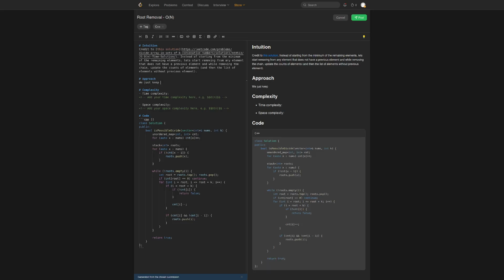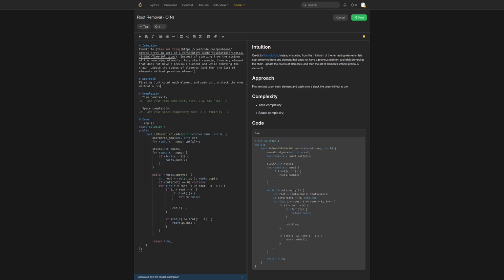We just keep count. First we count each element and push onto a stack the ones without a previous.